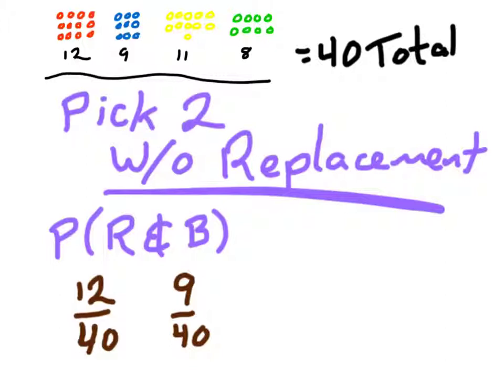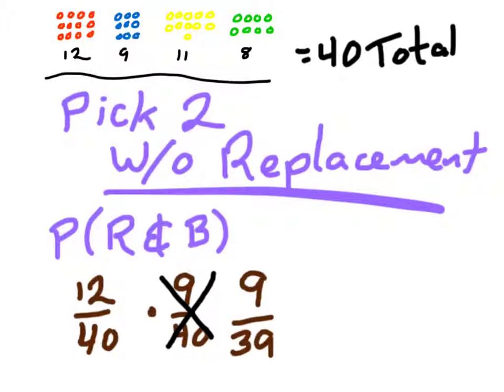So you got to be careful, because it's not actually 9 out of 40 here. That would be wrong. When you took your first marble out, which was red, and you had 12 out of 40, you don't have 40 marbles in the bag anymore. So you got to be thinking about this. When you get around to that next blue marble, you actually have 39 in the bag, so it's 9 out of 39.